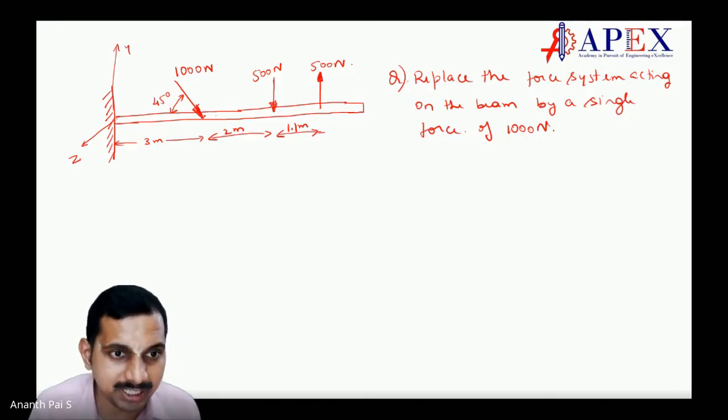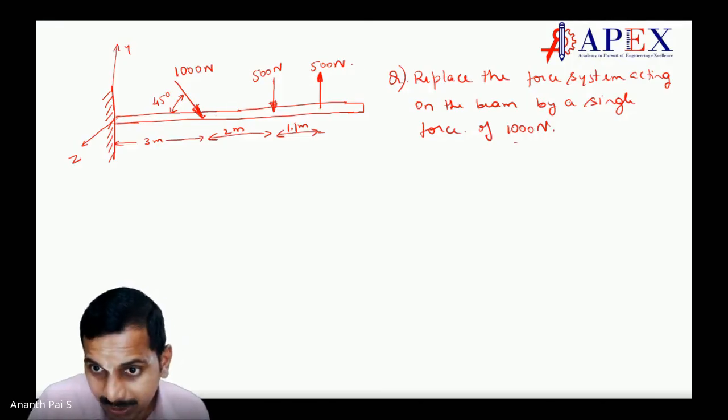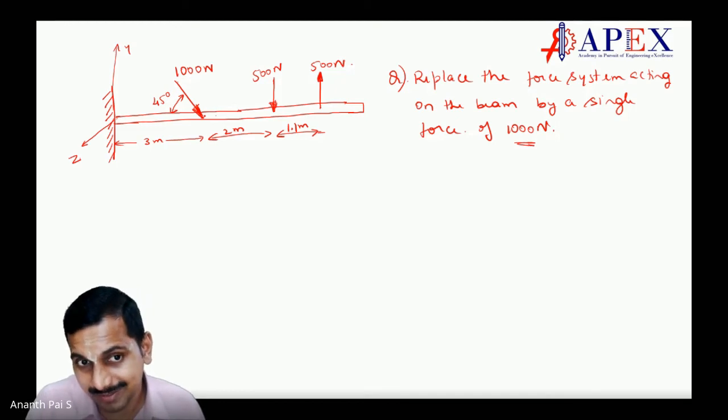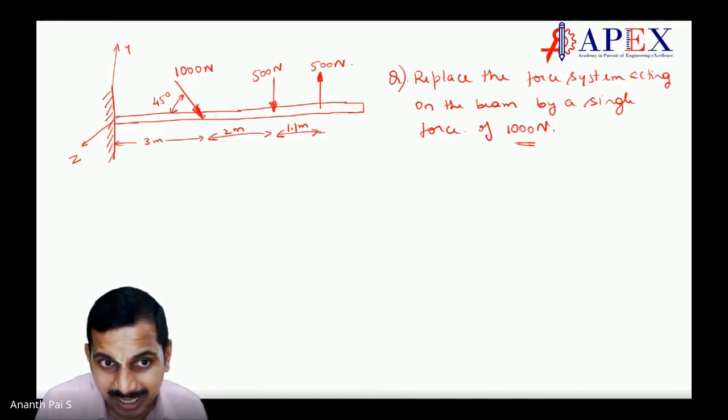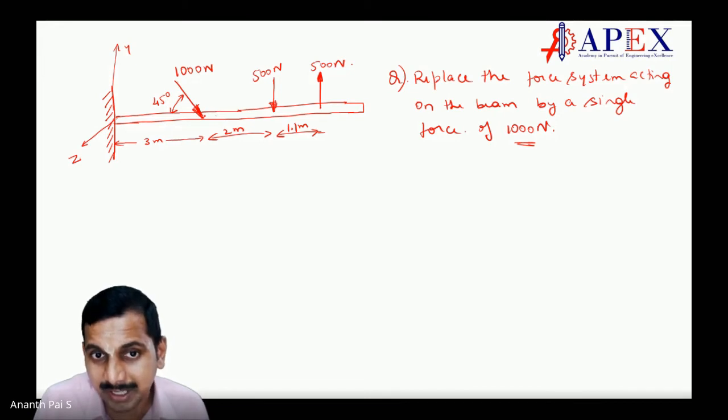We decide where it is. This 1000 Newton is what is fixed. We have to say where I have to move this 1000 Newton force such that it produces the same effect as 1000 plus 500 plus 500.